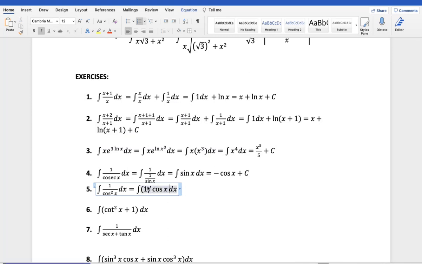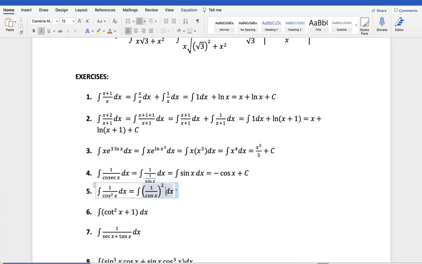So we can rewrite this as that, right? Then we know from our trigonometric identities that 1 over cos is just sec. So we have the integral of sec squared of x here.